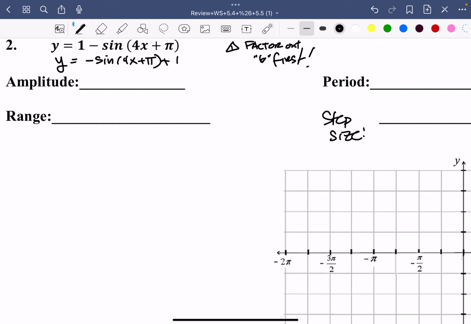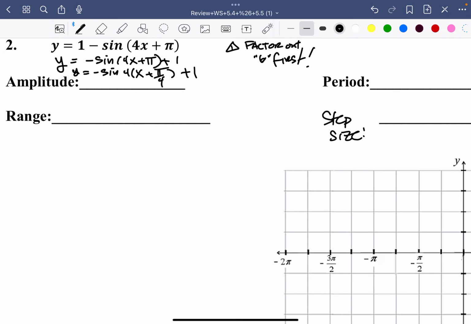So when we do that, we're going to have y is equal to negative sine of 4 times some stuff plus 1. Well, 4 times what gives you 4x? The answer is x. 4 times what gives you pi? The answer is pi over 4. Another way to think about that is, if you're factoring out a 4, that's the same as taking these terms and dividing by 4. So 4x divided by 4 gets me my x, and pi divided by 4 gets me my pi over 4.